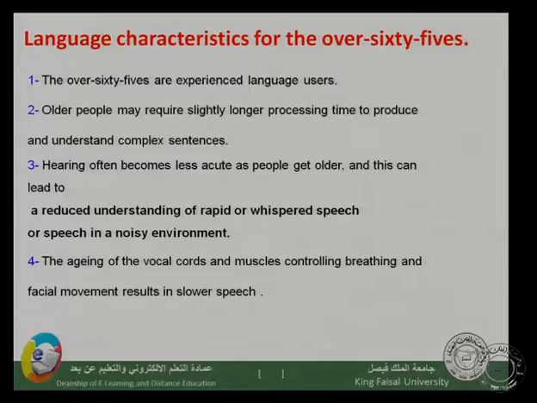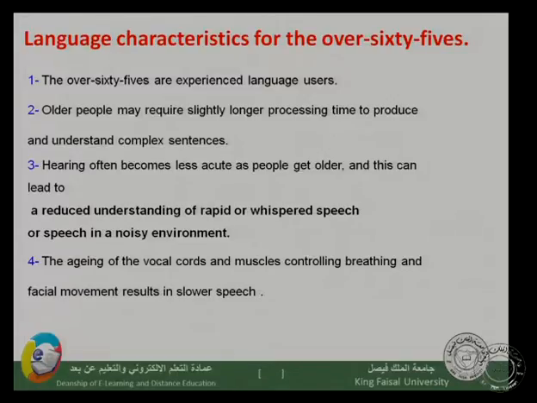We will also find difficulty in understanding speech in a noisy environment. This again proves that the hearing ability of a human being will decline when they become older.